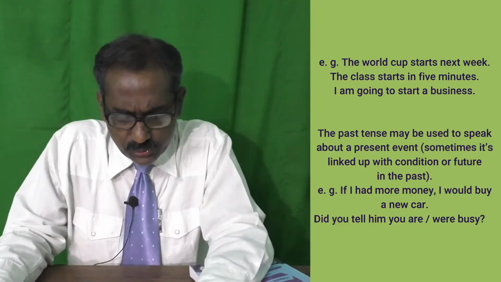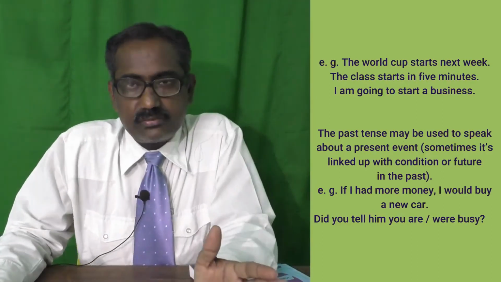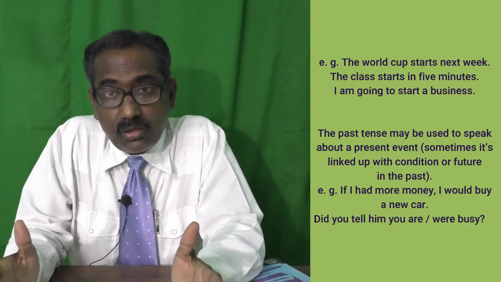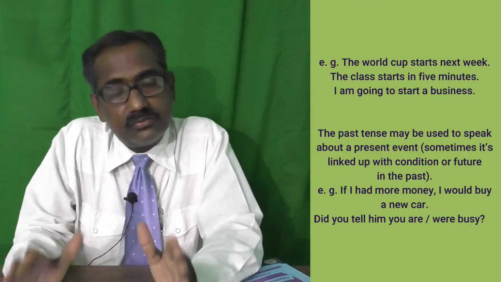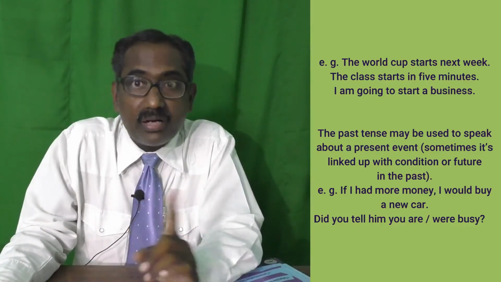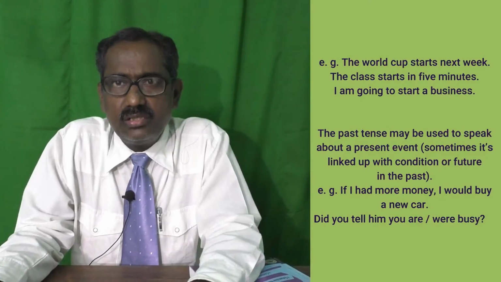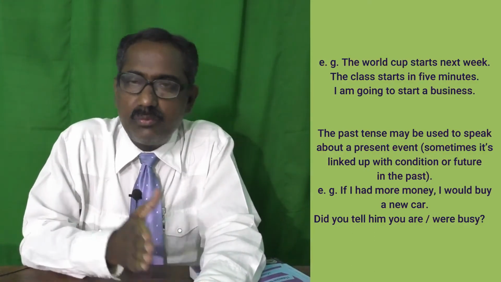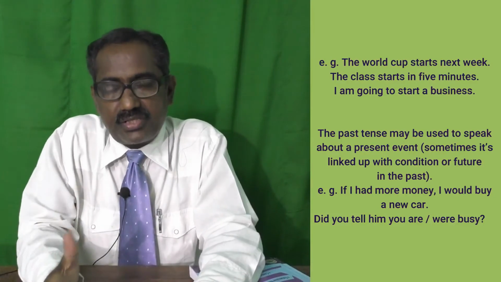Did you tell him you are busy or you were busy? We may use that. Did you tell him that you are busy now? We may use that one also. Did you tell him that you are busy at that time? We can use it in both ways. We may use past tense and we may show a present time situation.